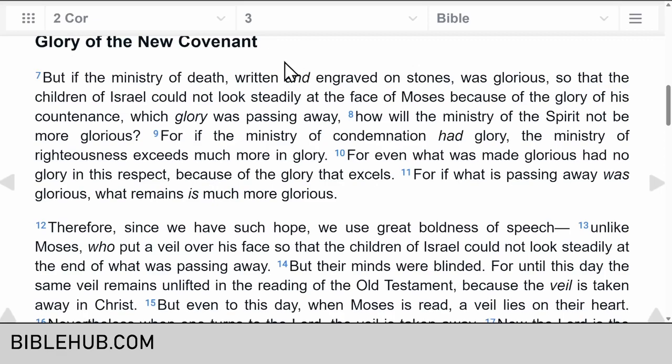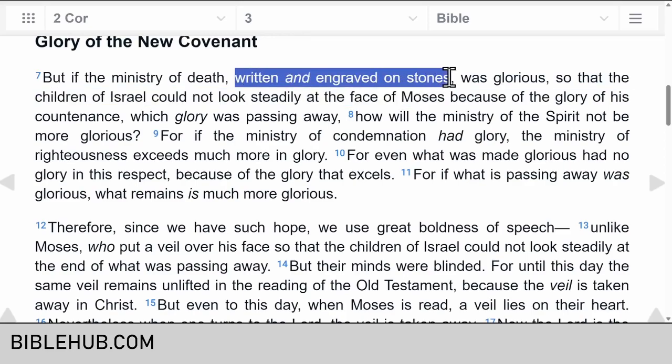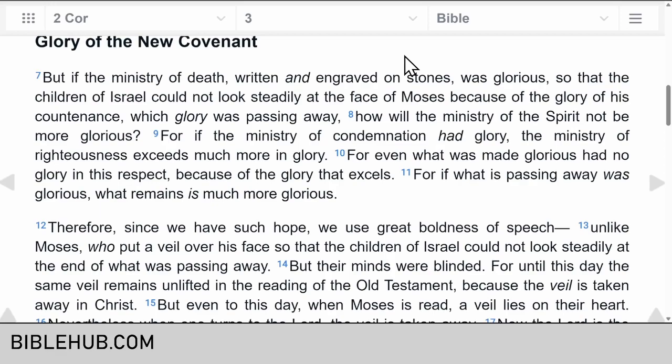And that is something that is written and engraved on stones, which we know is the Ten Commandments, which represents the law of Moses in general. All right. So these are some ways in which you can use Bible Hub to do a little bit of a deeper dive into the wording in the passage that you are looking at.